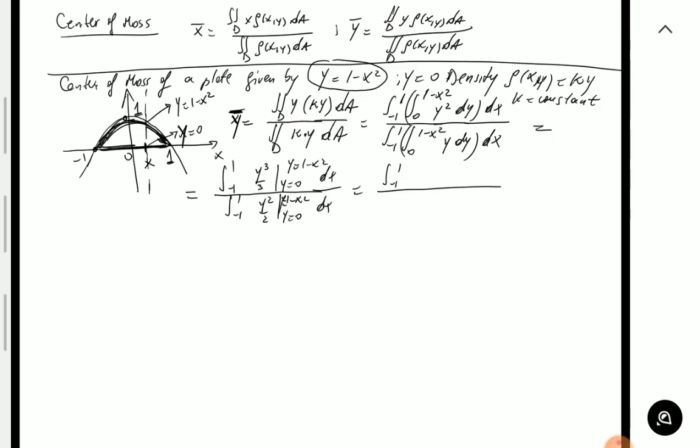Let's see, we have 1/3 times 1 minus x squared to the power 3.